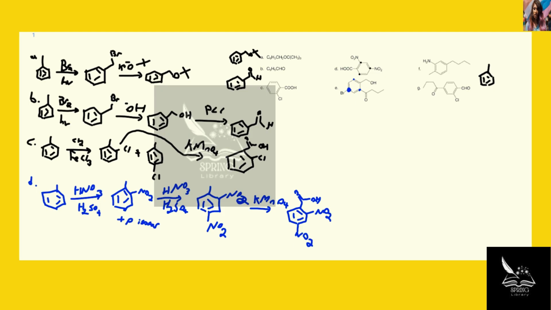So let's begin. We'll do E over here. We'll start with toluene, and then we'll add our Friedel-Crafts acylation, AlCl3.